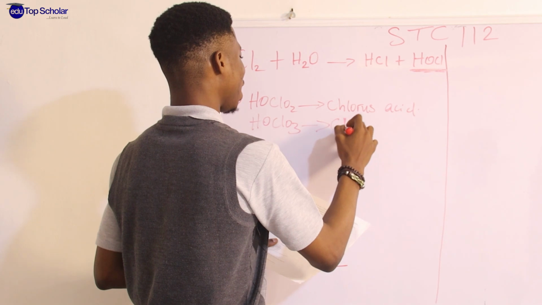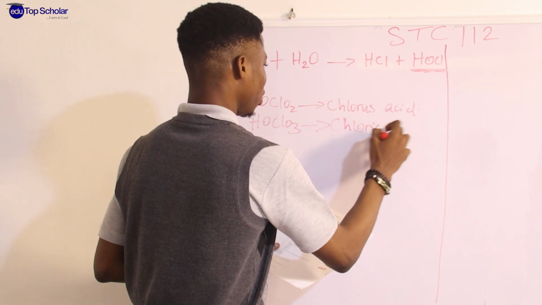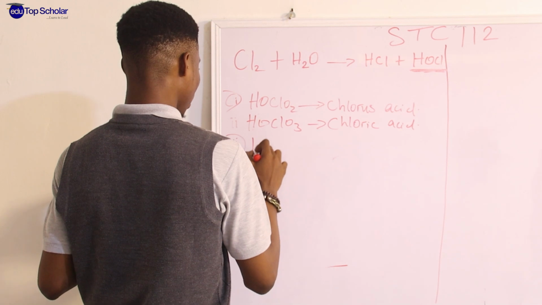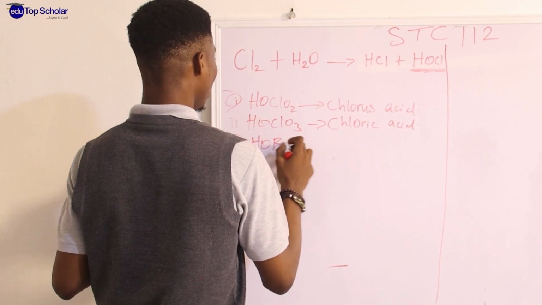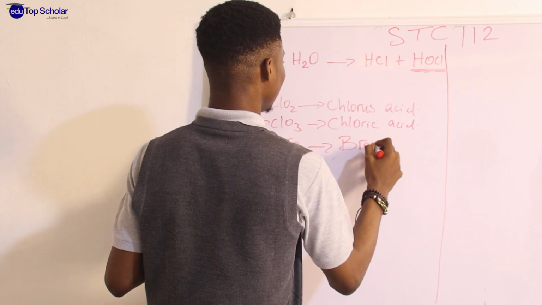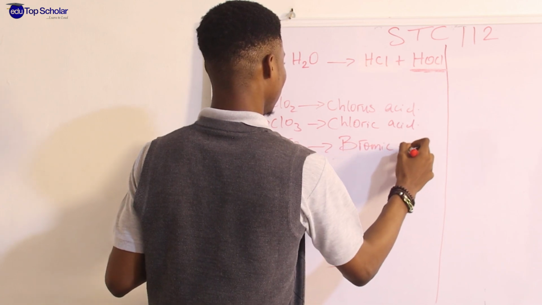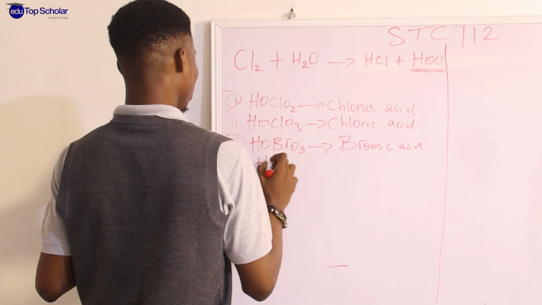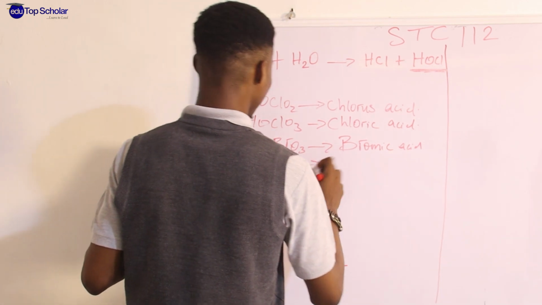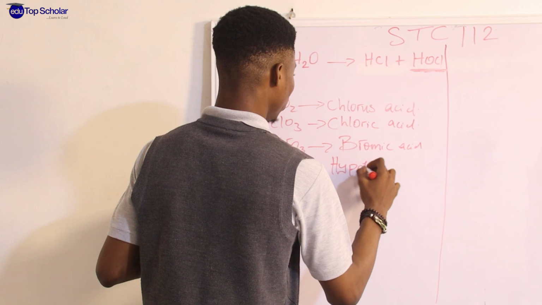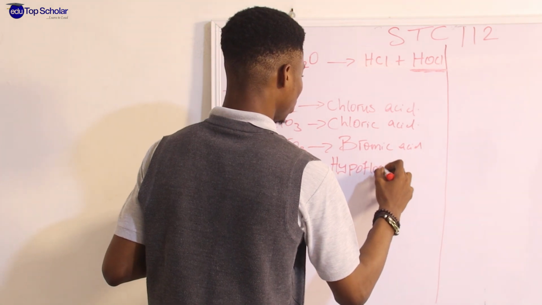We have chloric acid. Third one says HOBrO3, which is our bromic acid. And the last one says HOF, which is our hypofluorous acid.